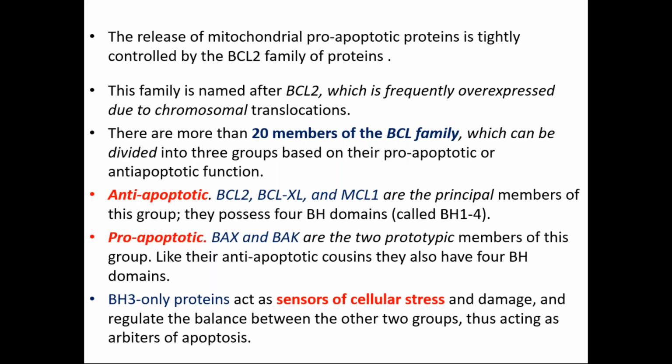The third group is the BH3-only proteins. They act as sensors of cellular stress and damage, and they regulate the balance between the other two groups, pro-apoptotic and anti-apoptotic. These BH3-only proteins maintain the balance between these two types of proteins, thus acting as arbiters of apoptosis.